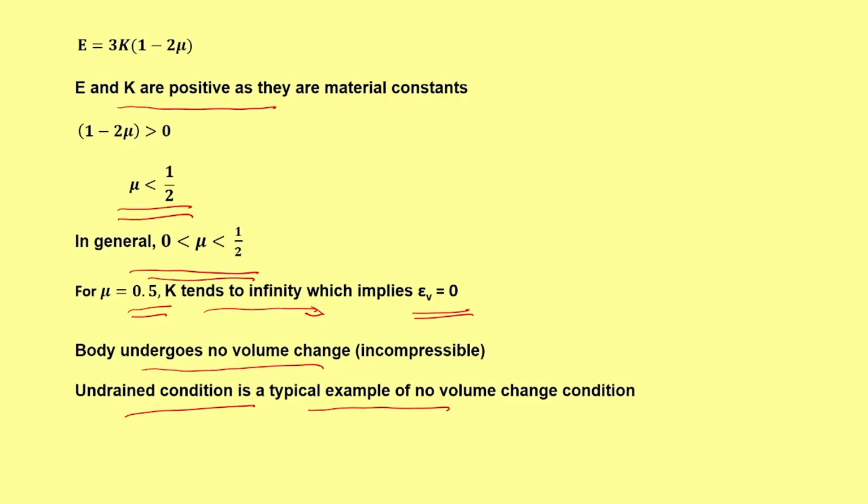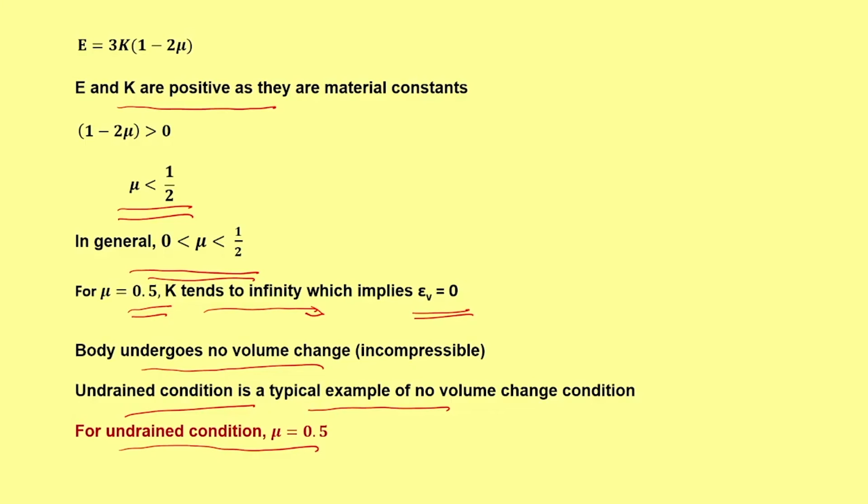When there is no expulsion of water, then you cannot have volume change. What will happen? Pore water pressure will increase. So, there is no volume change, the whole of the soil mass behaves incompressible. So, what does it mean? It means that for undrained condition, one can take the value of Poisson's ratio equal to 0.5.